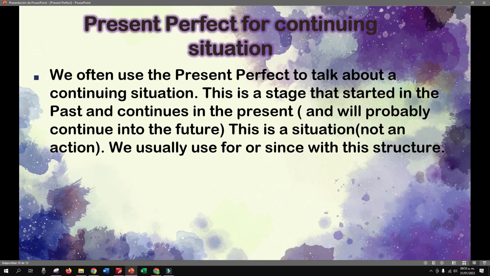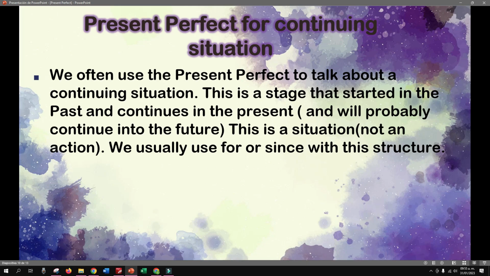This is a state that starts in the past and continues in the present, and which probably continues into the future. This is a situation, not an action. We usually use for a word or thing with this structure.